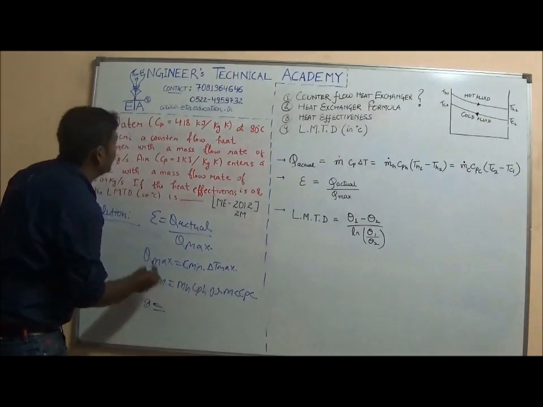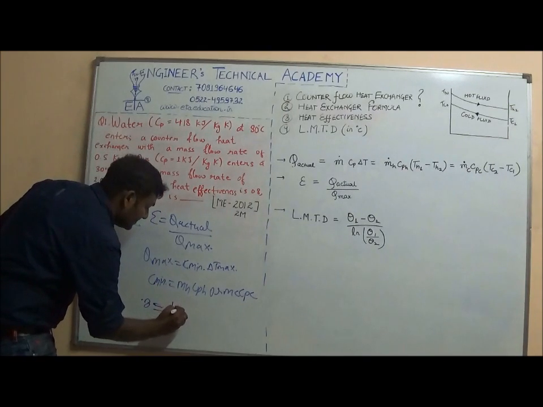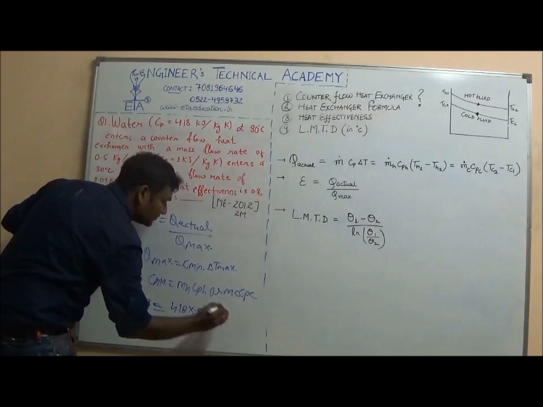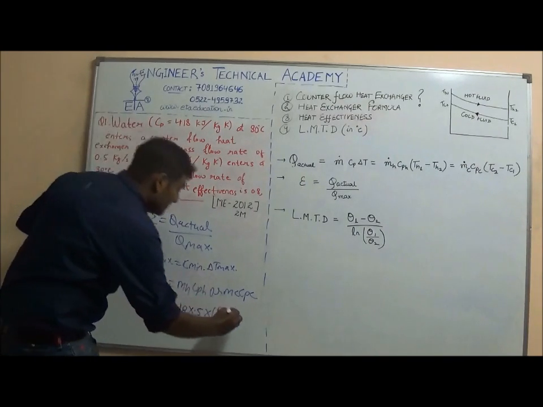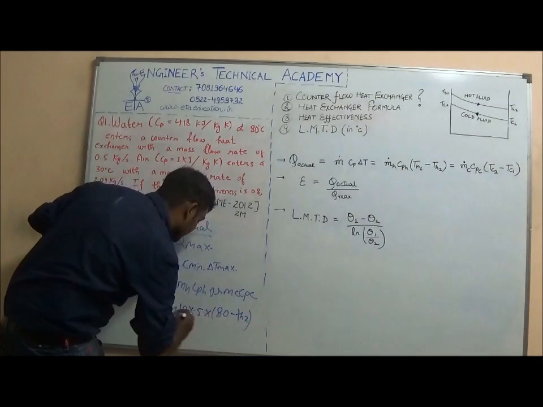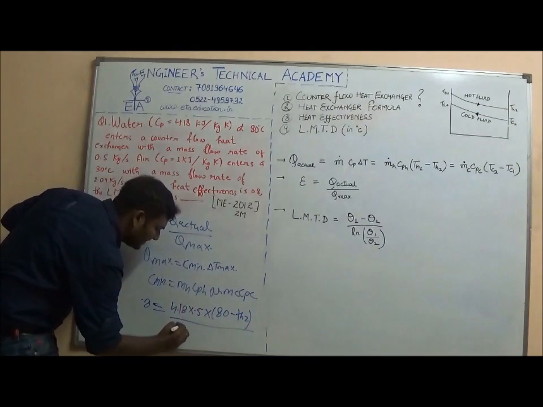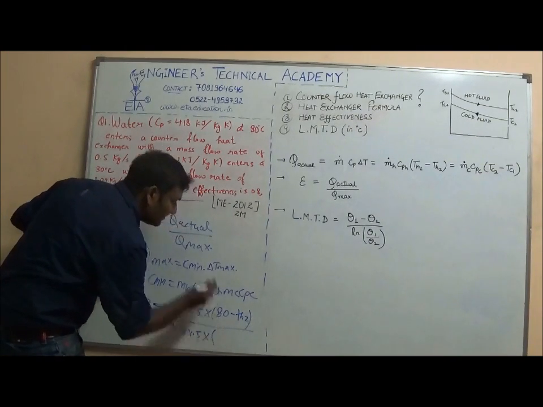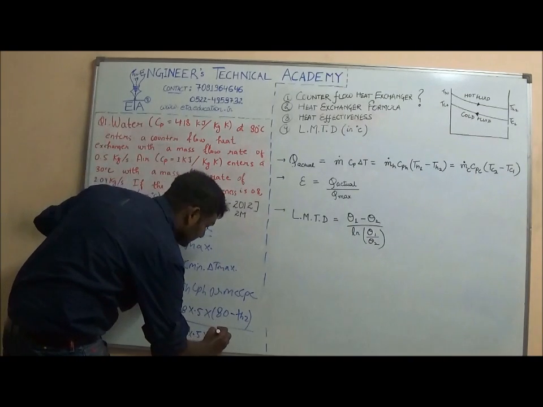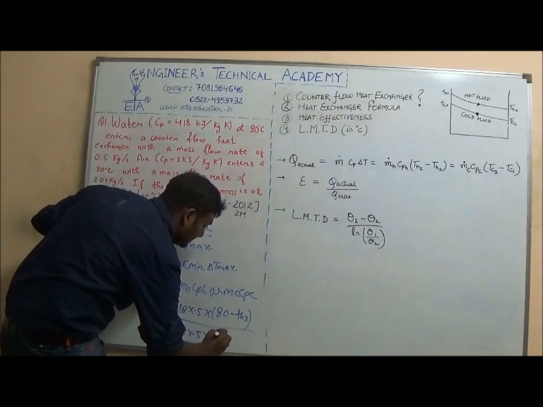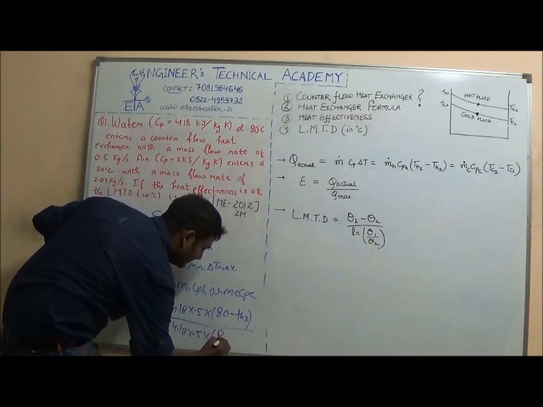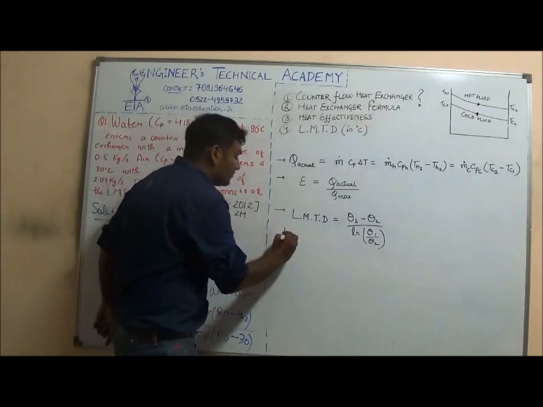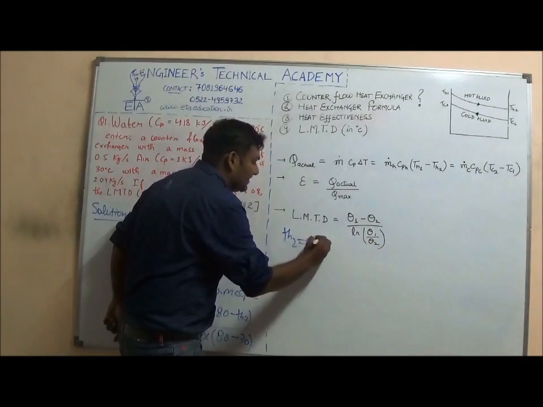So taking m dot h CpH: 4.18 into 0.5 into (80 minus Th2), which is not given, divided by C minimum, which you can take as 4.18 into 0.5, into (Th1 minus Tc1), which is delta T maximum. Th1 is given as 80 degrees Celsius and Tc1 is 30 degrees Celsius. So from here, by solving, Th2 comes out to be 40 degrees Celsius.